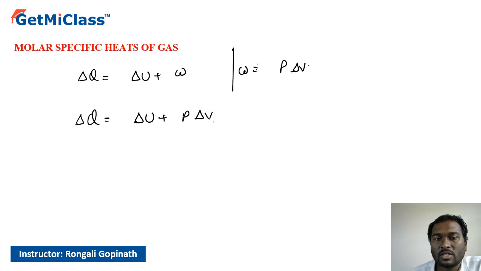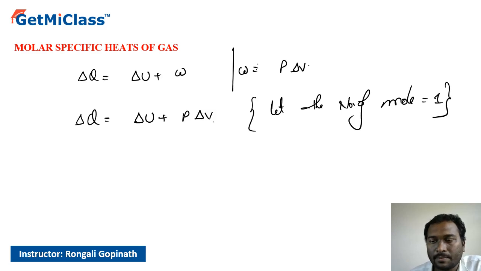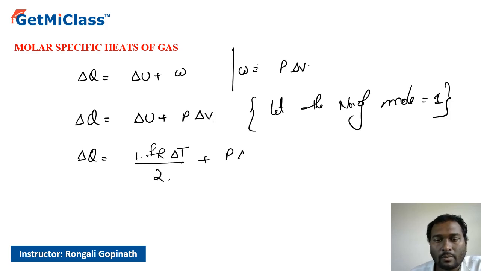Since we are dealing with molar, let's fix the number of moles to be just 1 mole. So delta Q becomes, what is delta U? It is 1 into F R delta T by 2 plus P delta V.